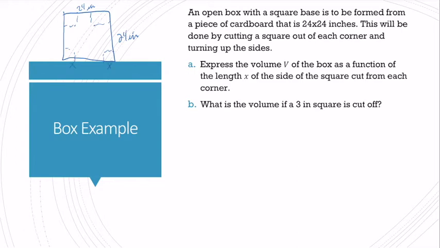Okay, so my volume typically is length times width times height. In this case, my height, when I fold everything up, is just going to be x. I know that whatever's left over is 24 minus 2x, because we're taking away 2x.